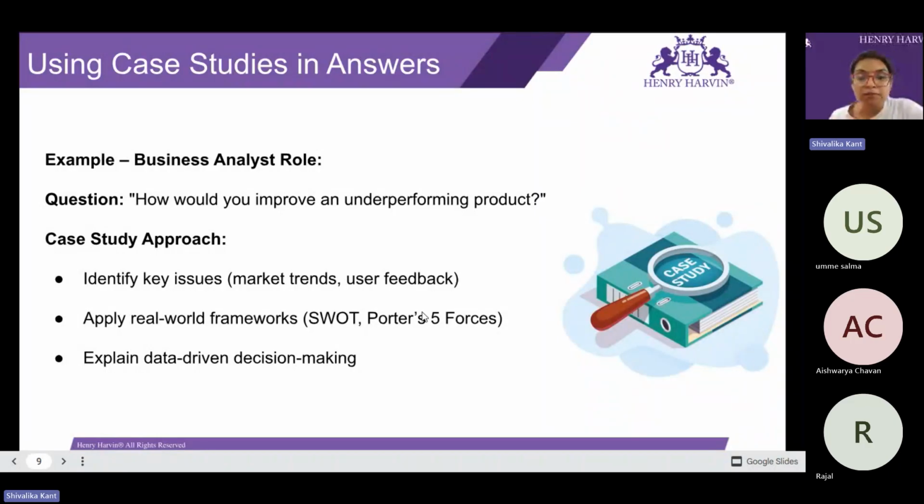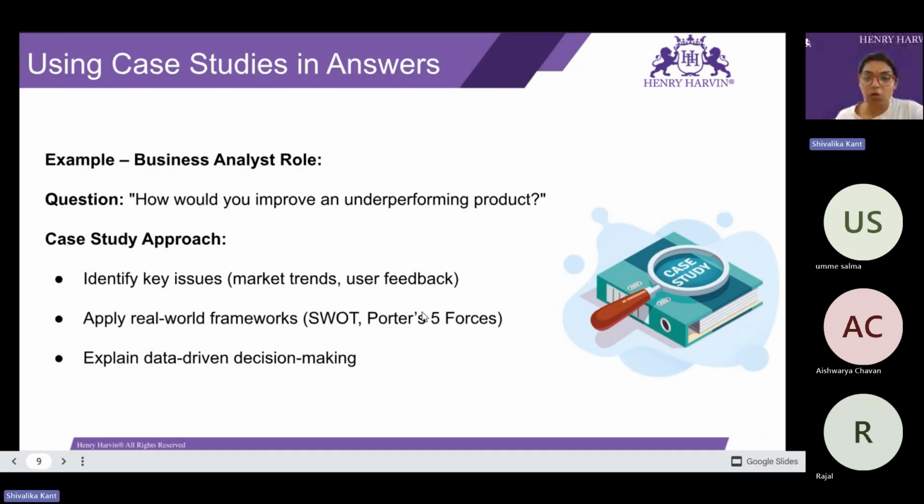If the question is about problem solving, pick a scenario where you solved a tough technical issue, and be true to it. If asked about innovation, select a project where you introduced something new. Use the STAR method.